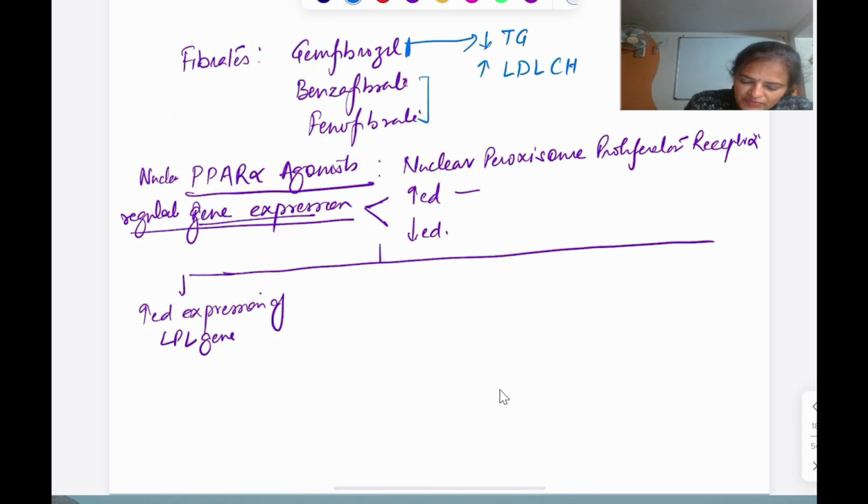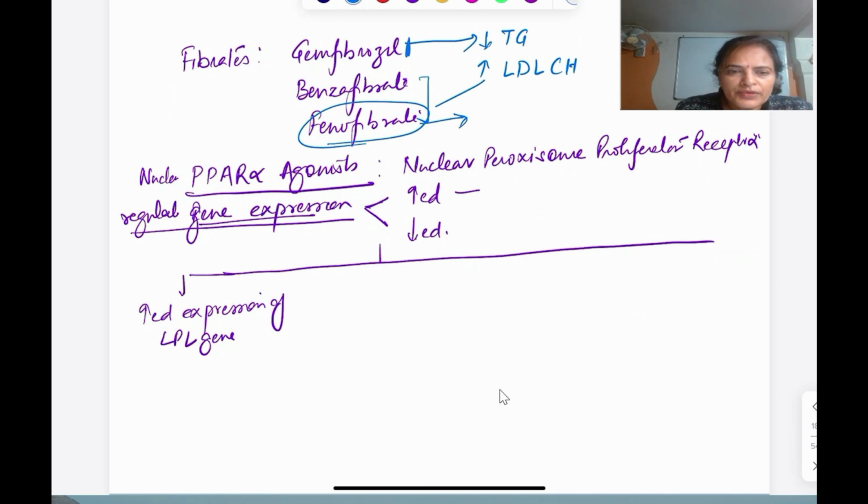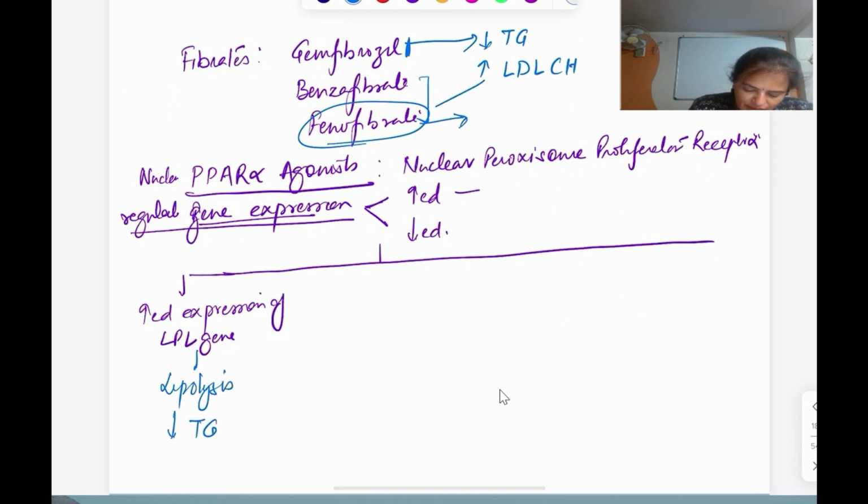This is not seen with these two, especially with this one, which increases it very little. This is not increasing the level of LDL cholesterol. So this is number one: increased expression of the LPL gene, so there will be lipolysis, and it decreases the level of triglyceride.